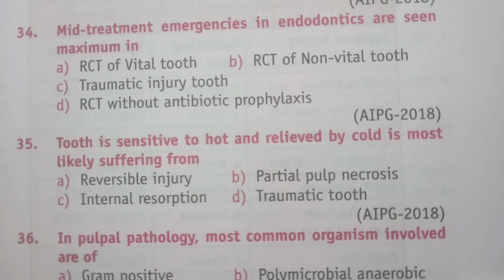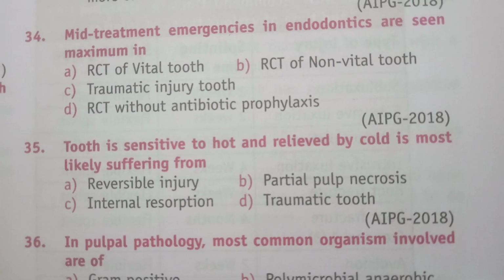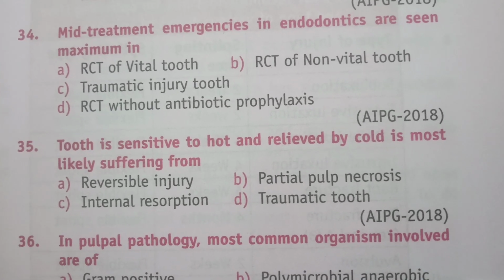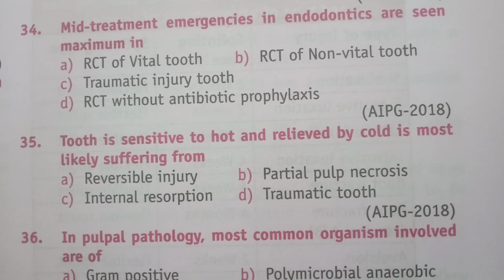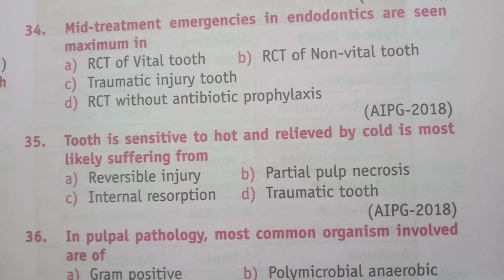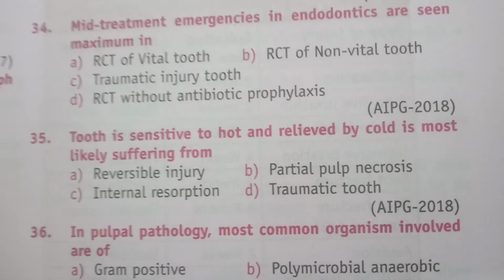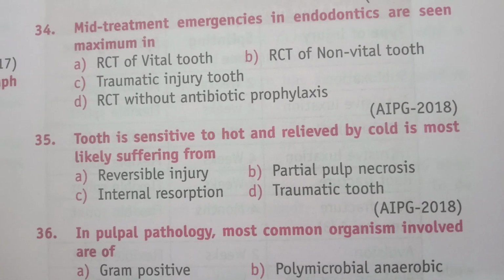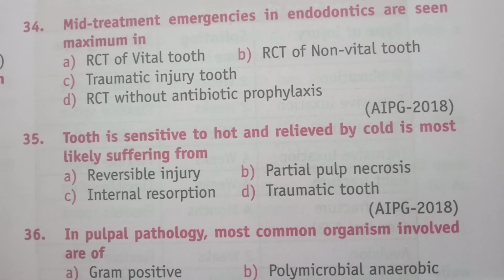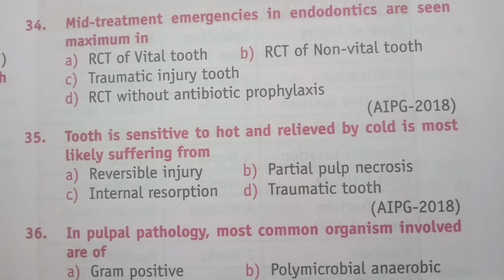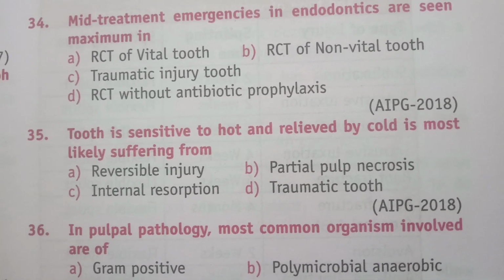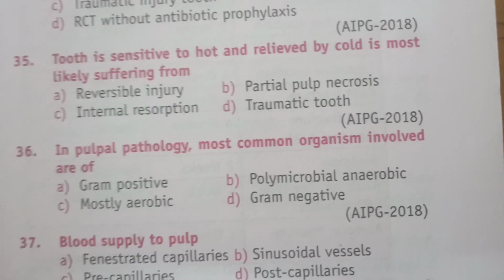Now 35, tooth sensitivity. A tooth that is sensitive to hot and relieved by cold is most likely suffering from partial pulp necrosis. The answer is B, partial pulp necrosis. Now the next question.